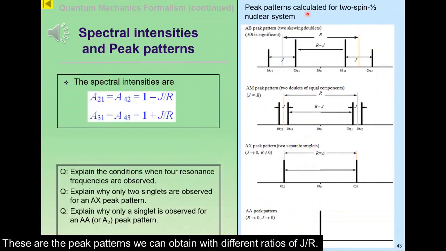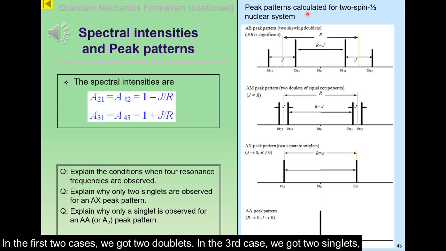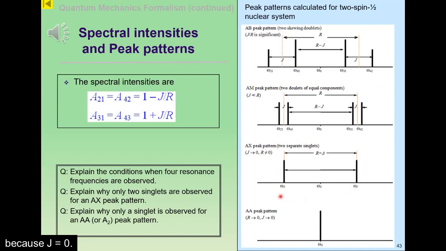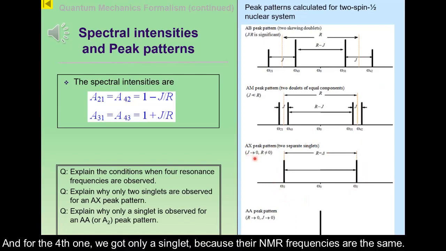These are the peak patterns we can obtain with different ratios of J to R. In the first 2 cases, we got 2 doublets. In the third case, we got 2 singlets, because J equals naught. And for the fourth one, we got only a singlet because their NMR frequencies are the same.